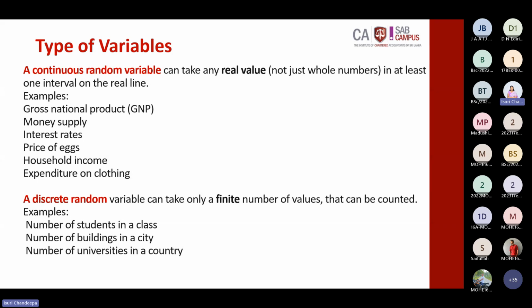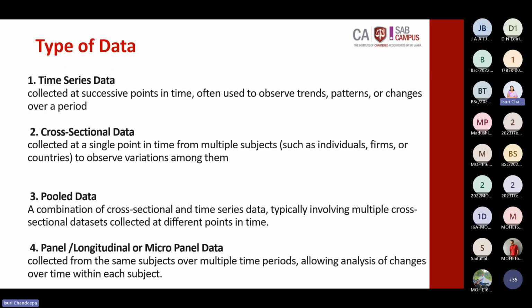So there may be some decimals, not just whole numbers. We can take real values. Therefore, you need to identify what type of variable it is. Is it a continuous or a discrete random variable?